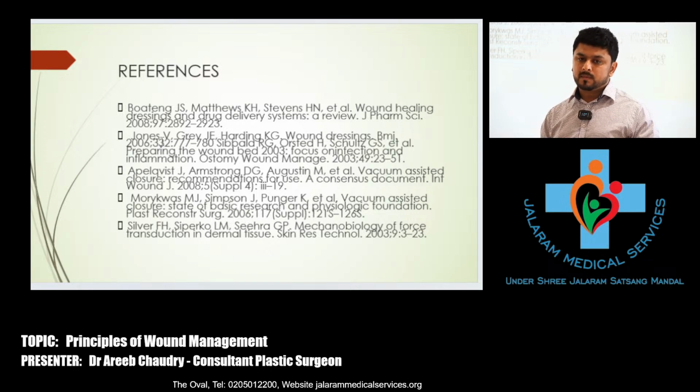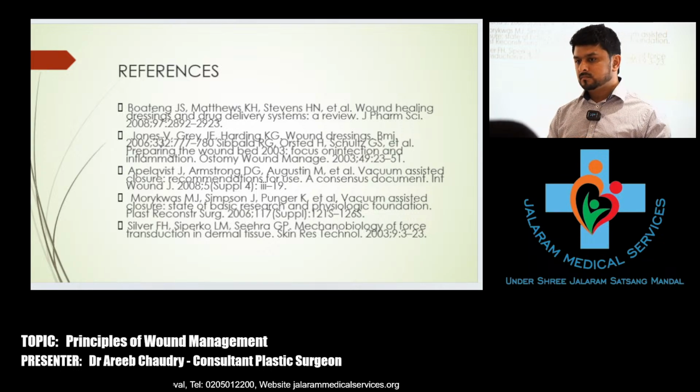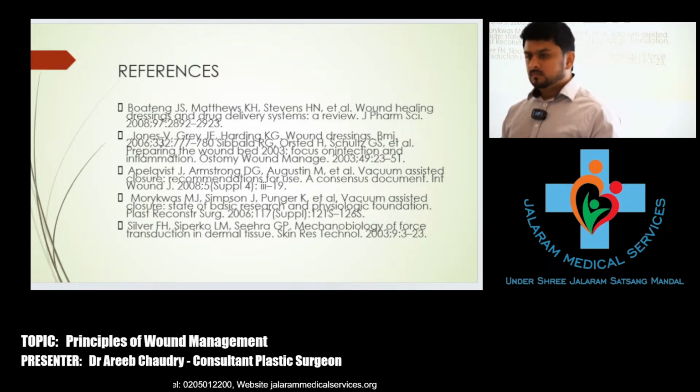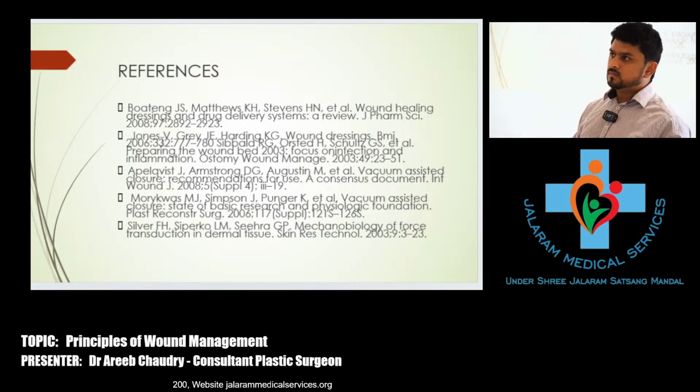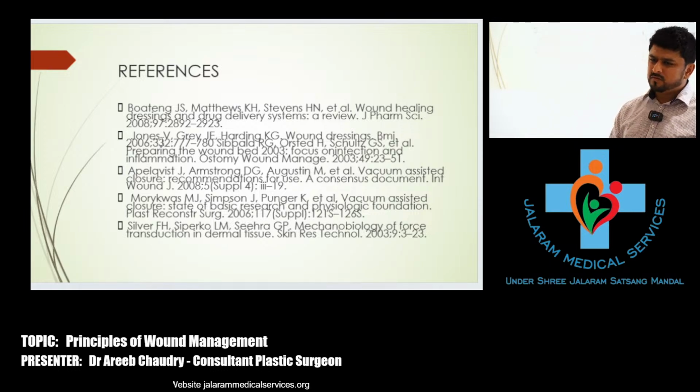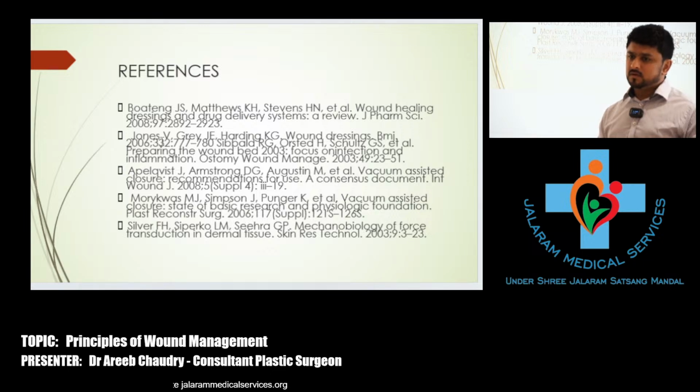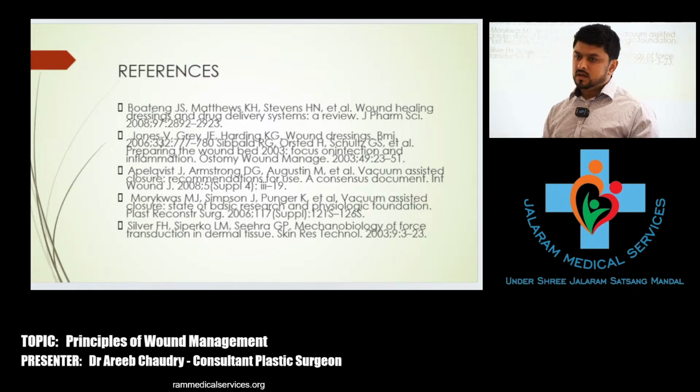Would you ever use hydrogen peroxide for cleaning the wound if it's infected? We have moved away from hydrogen peroxide because it's very toxic, and you're not able to control the depth the peroxide goes to.